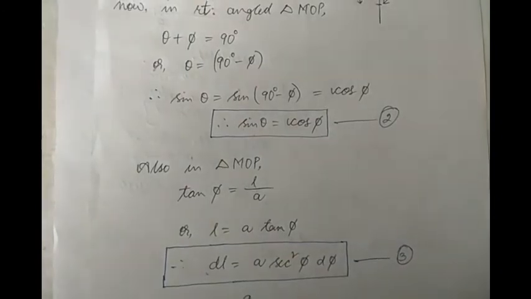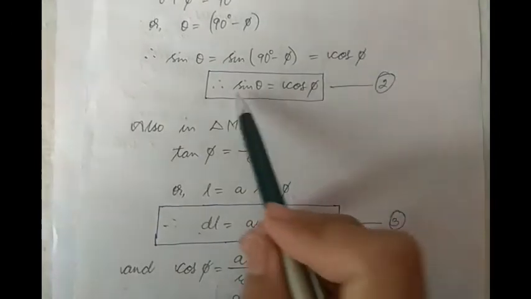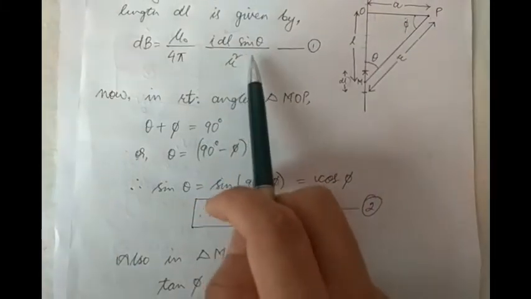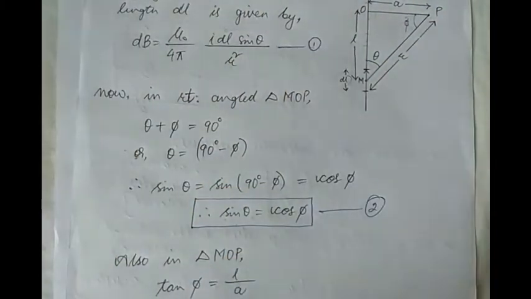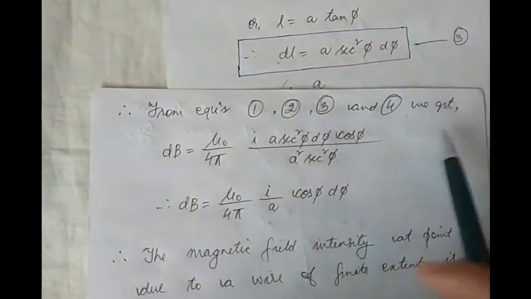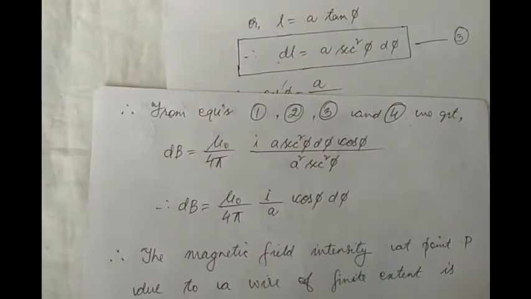So what we are now going to do is substitute for these different terms, for sine theta, for dl, for r, in equation number 1, which is this. So that is exactly what we do. When we substitute, from equations 1, 2, 3 and 4, we get dB is mu naught by 4 pi.